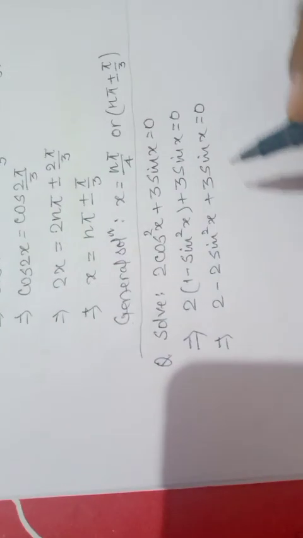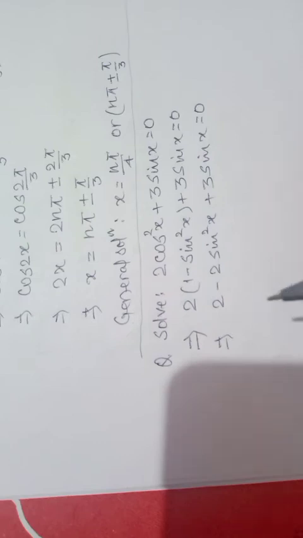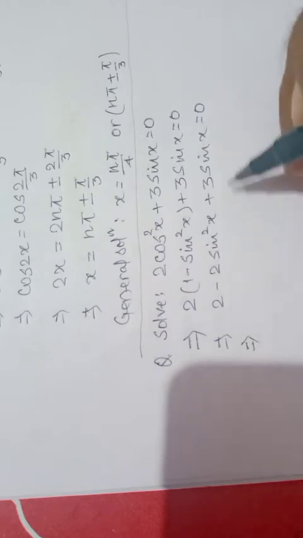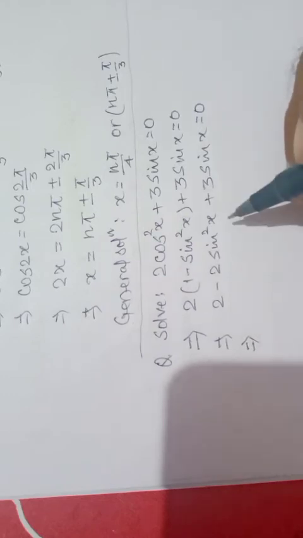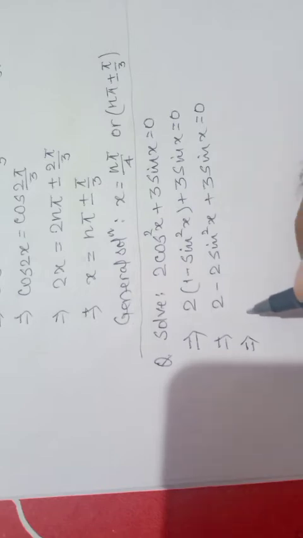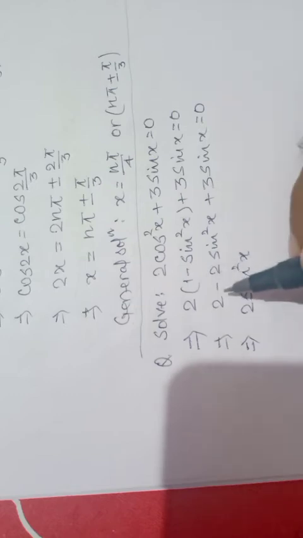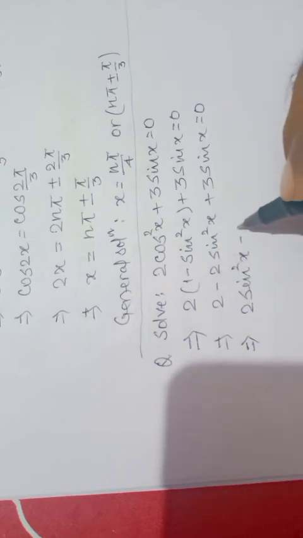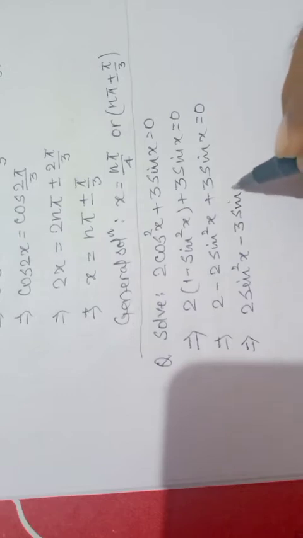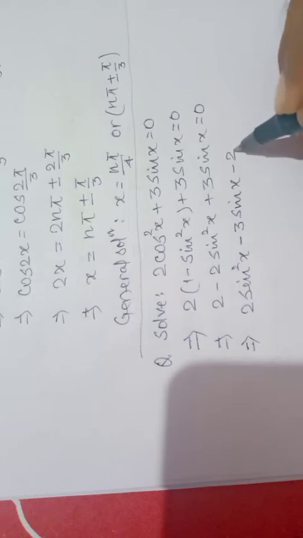Multiply both sides by minus 1. After multiplication by minus 1, the given equation reduces to 2 sin square x; this becomes positive and the remaining two terms will be negative, minus 3 sin x minus 2 equal to 0.